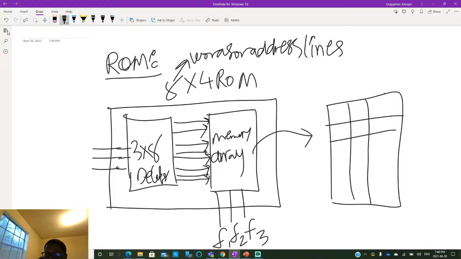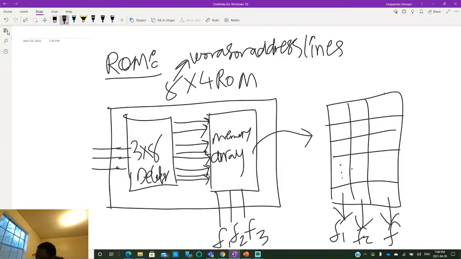Let's say we have 8 of these rows, and then three functions, F1, F2, and F3. And that is pretty much what a ROM is.